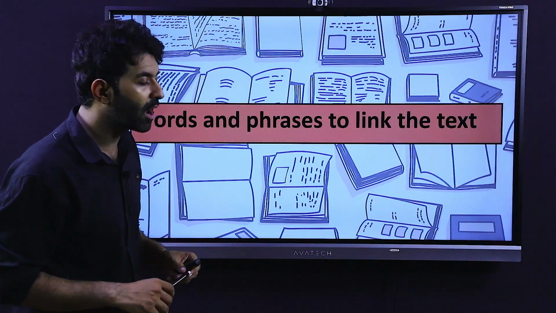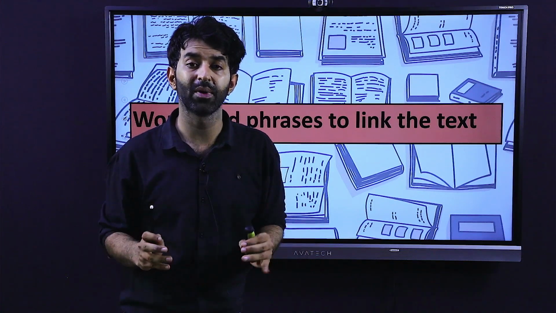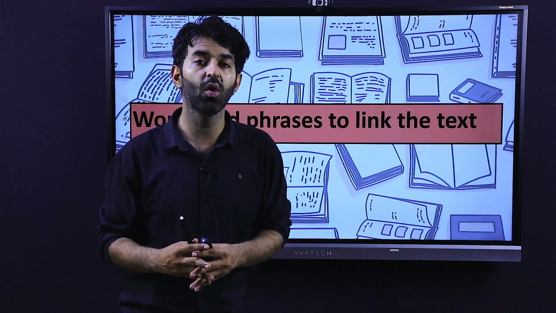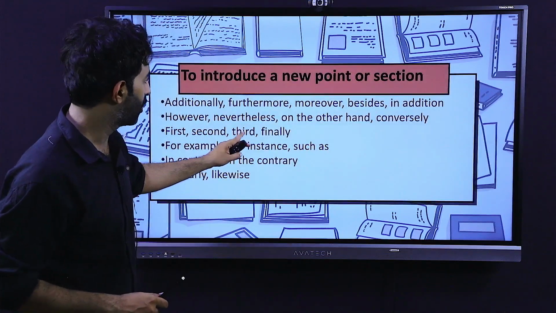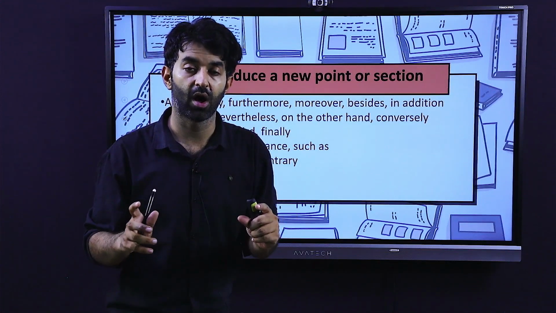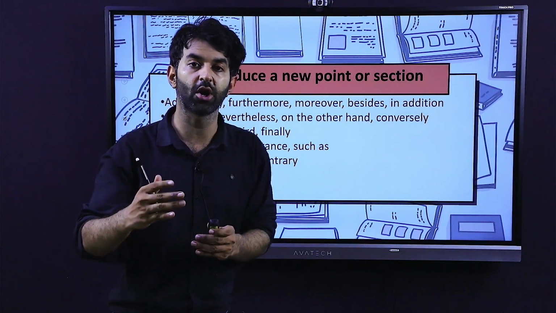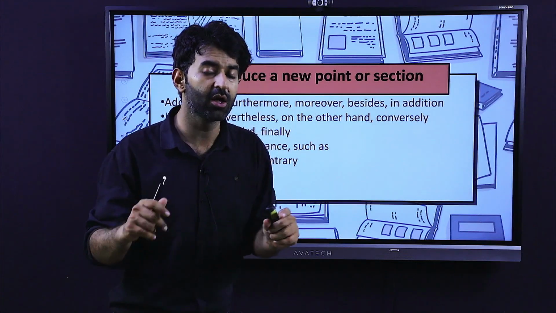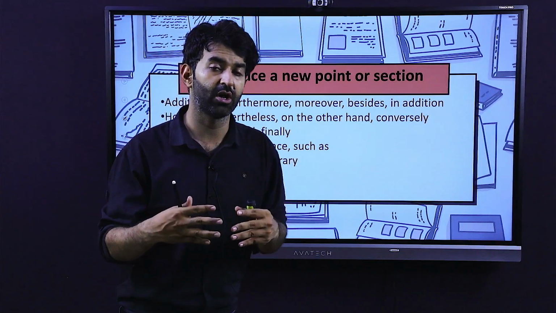Now, let's talk about some words and phrases when we are writing argumentative texts, how they can connect and link our whole essay together. They're very important. Now, when we are in the introduction part of our essay, you know it is divided into 3 parts: the introduction, body, and the conclusion. So in the introductory part, you have to use some words that will connect your introduction together.